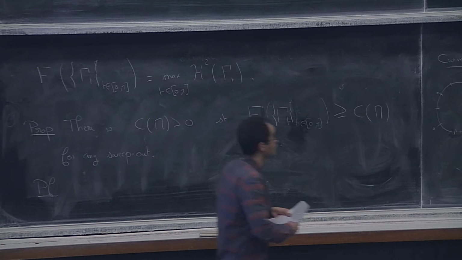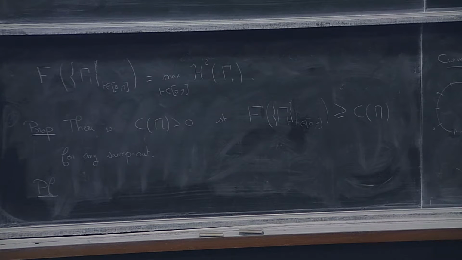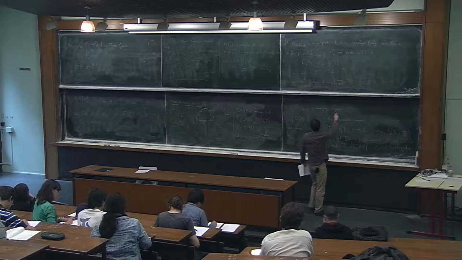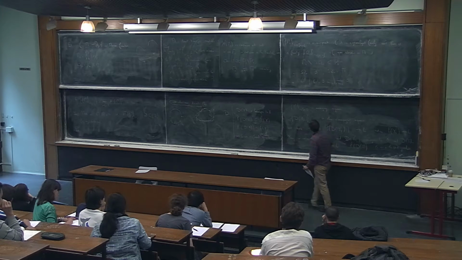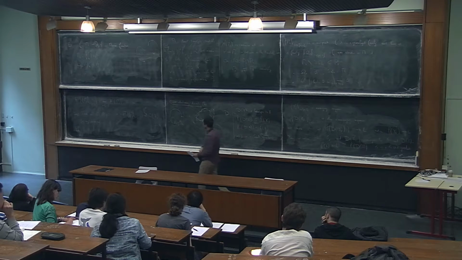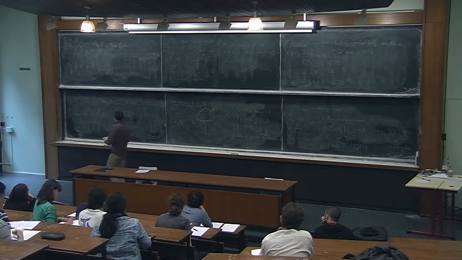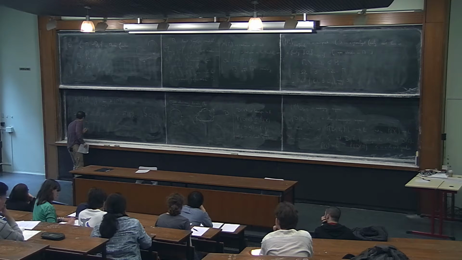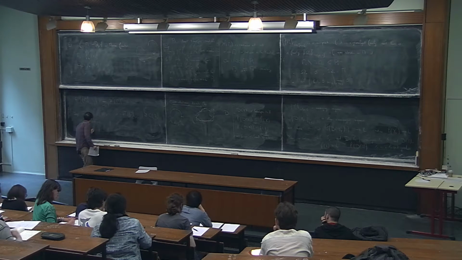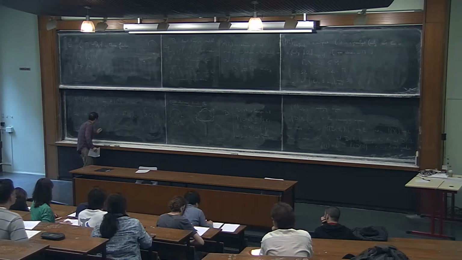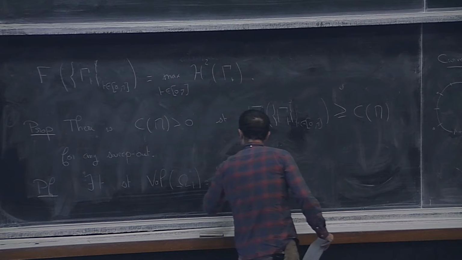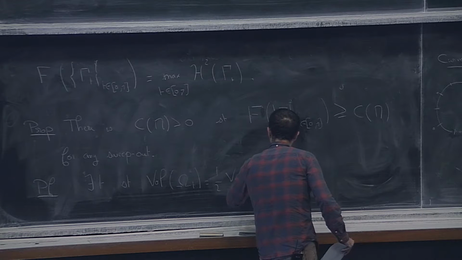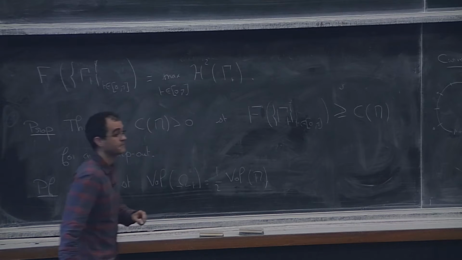You look at the hypothesis you have on omega sub t there. So the volume of omega sub t is continuous. And it starts from 0 and goes to the volume of the whole manifold. So there is t such that the volume of omega sub t is equal to 1/2 the volume of the whole manifold. Okay?